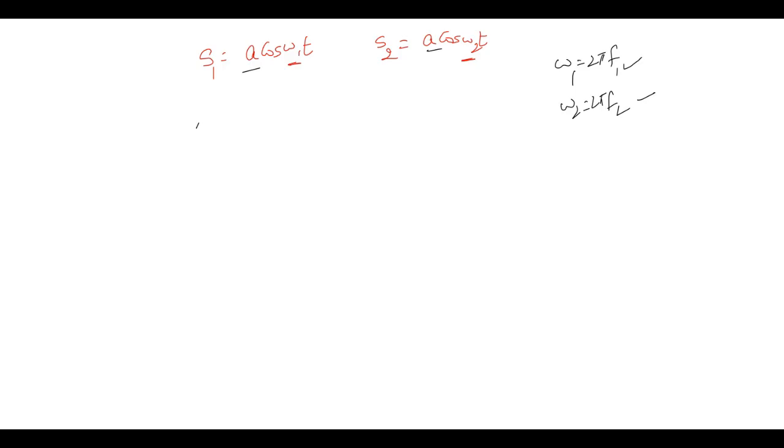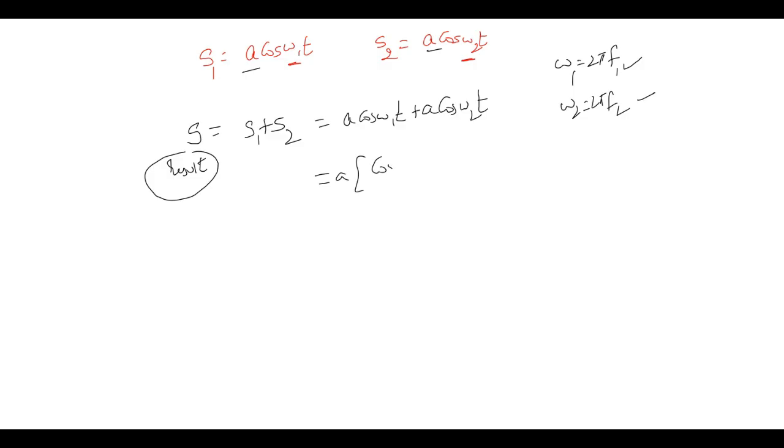Okay. Then if these two get superimposed, we get a resultant wave S. S is the resultant wave of superimposition of S1 and S2. Superimposition means they are getting added. Then what will happen? A cos omega 1t plus A cos omega 2t. If I take A common, then it is cos omega 1t plus cos omega 2t.